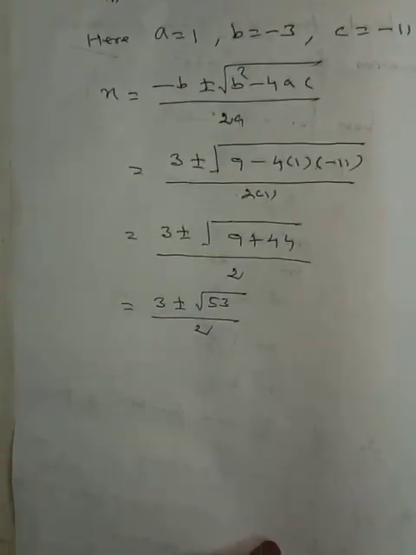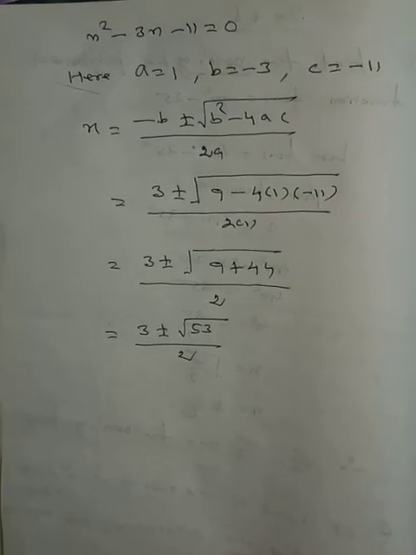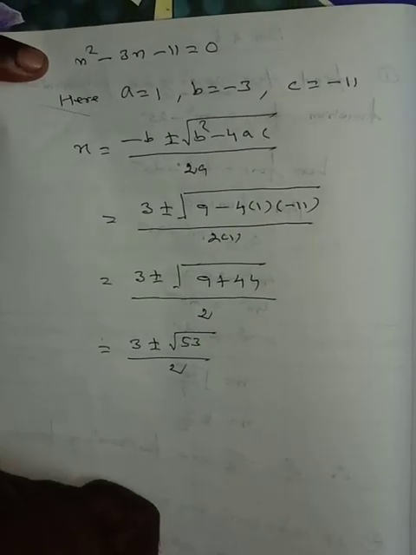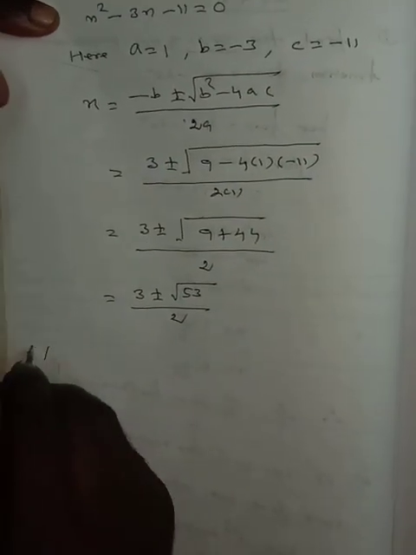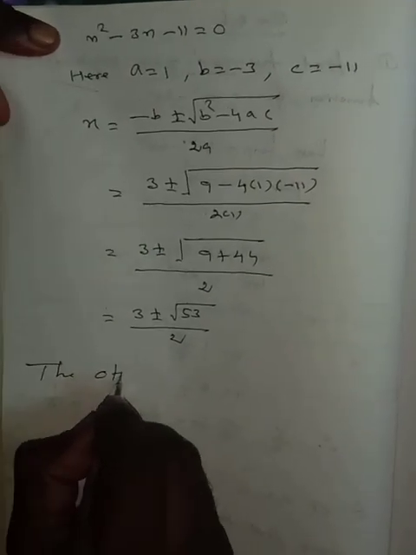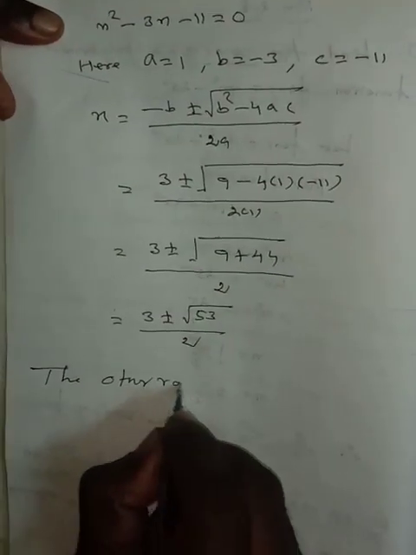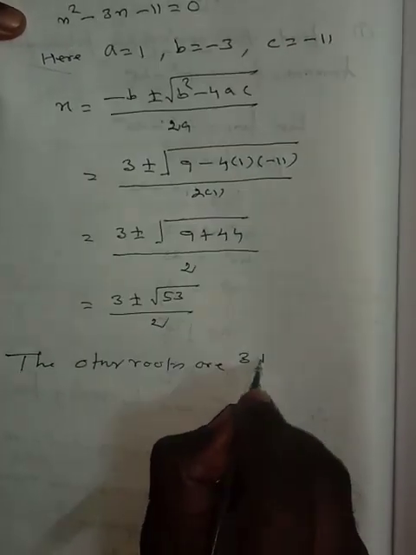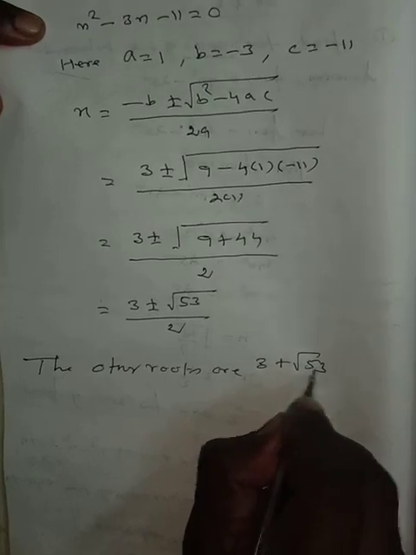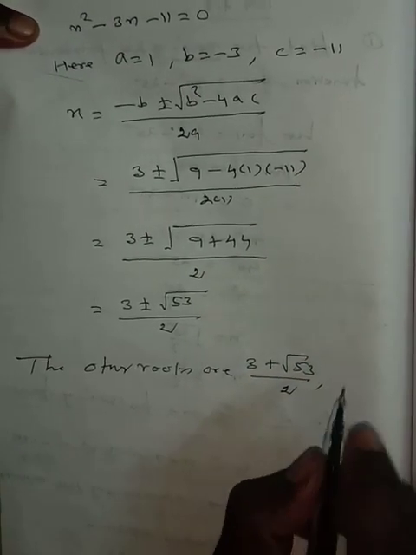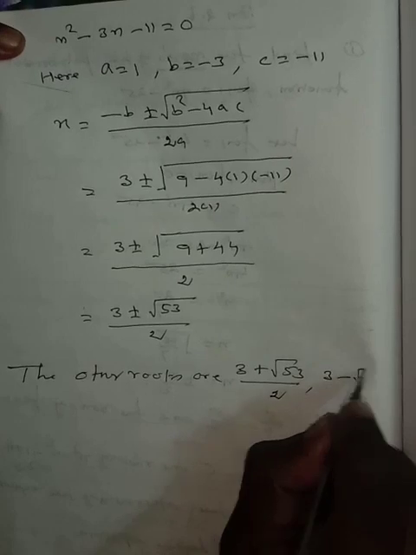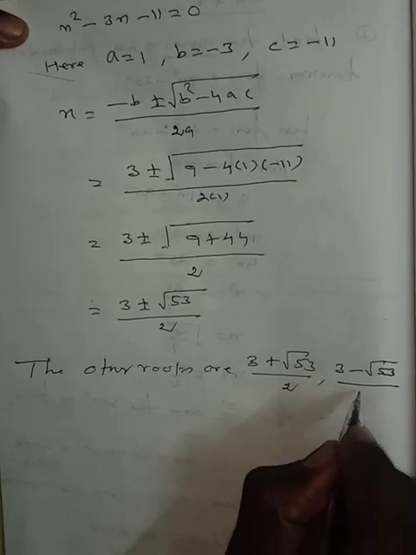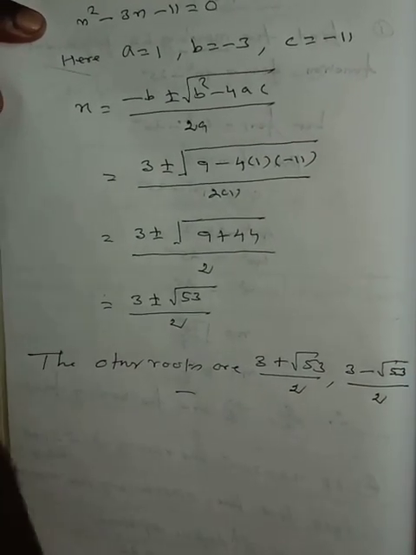The roots are 3 plus root 53 by 2, and 3 minus root 53 divided by 2. The sum is 3.